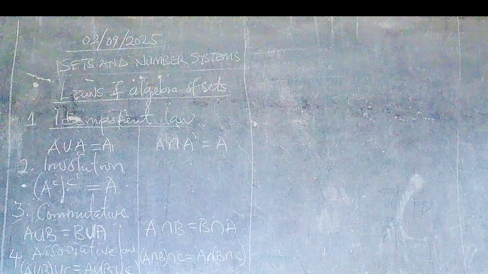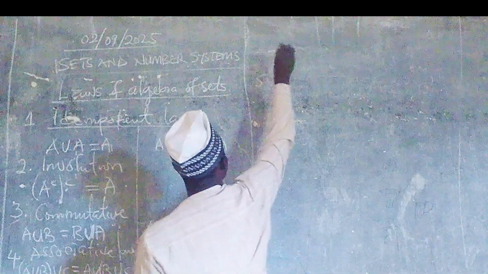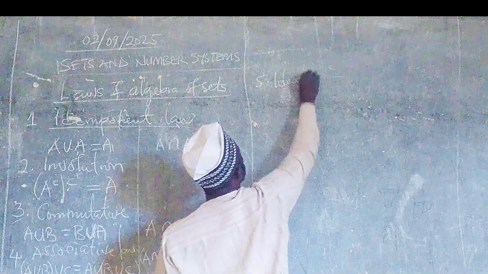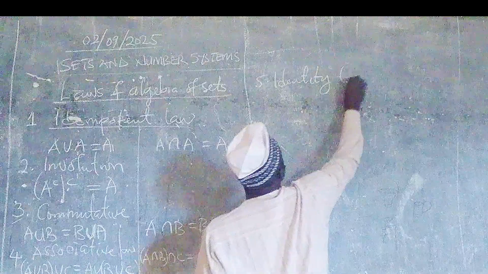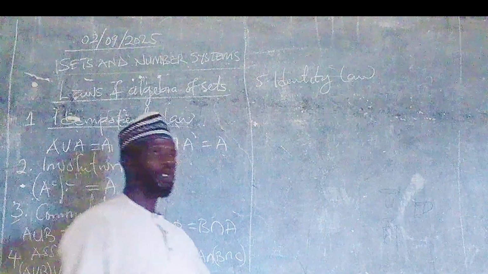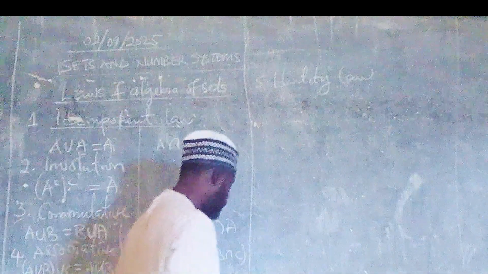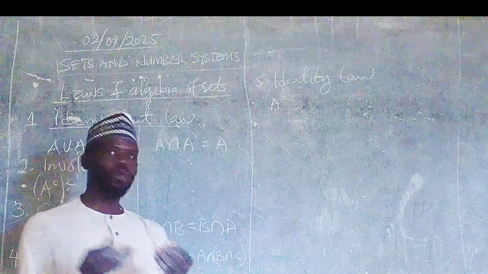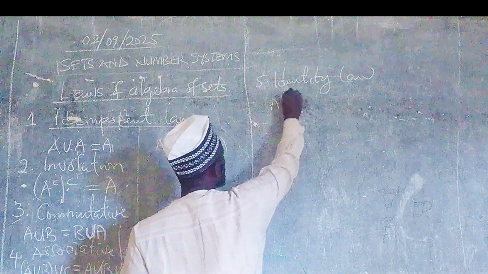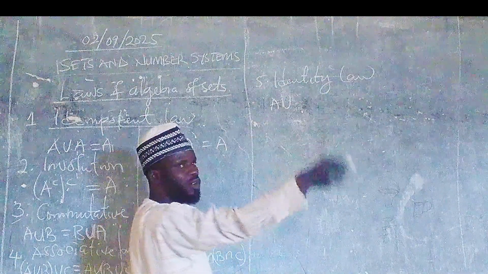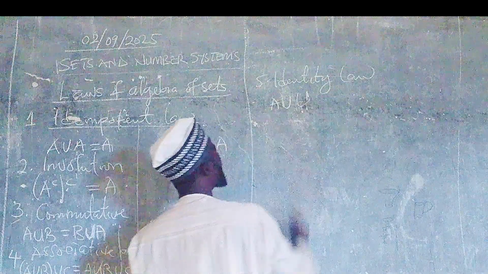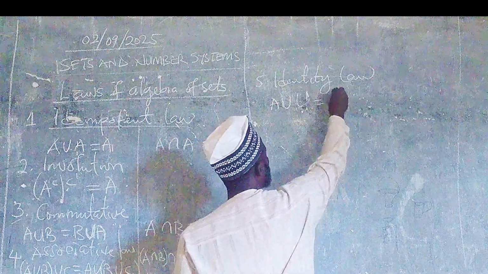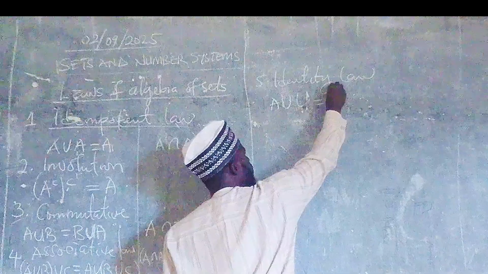So now we are supposed to take the identity law. The identity law states that if you have a set A and its universal set U, where A is a subset of the universal set, then A union U gives the universal set itself.